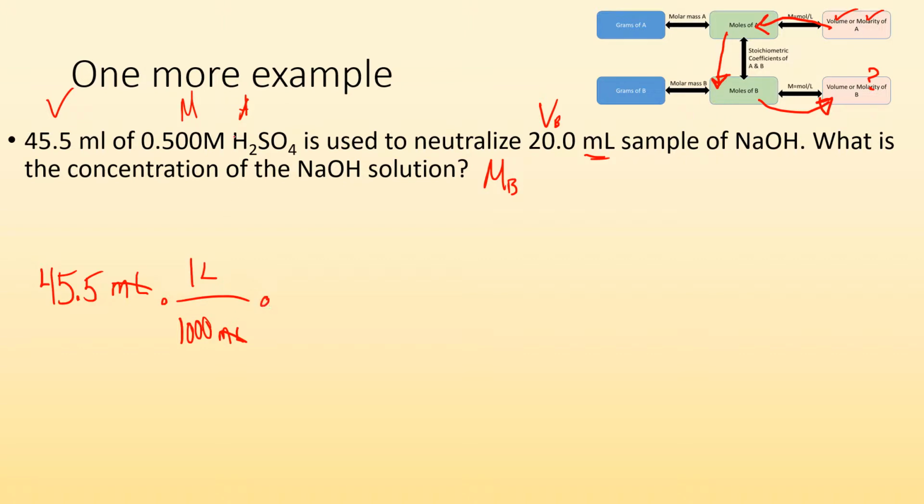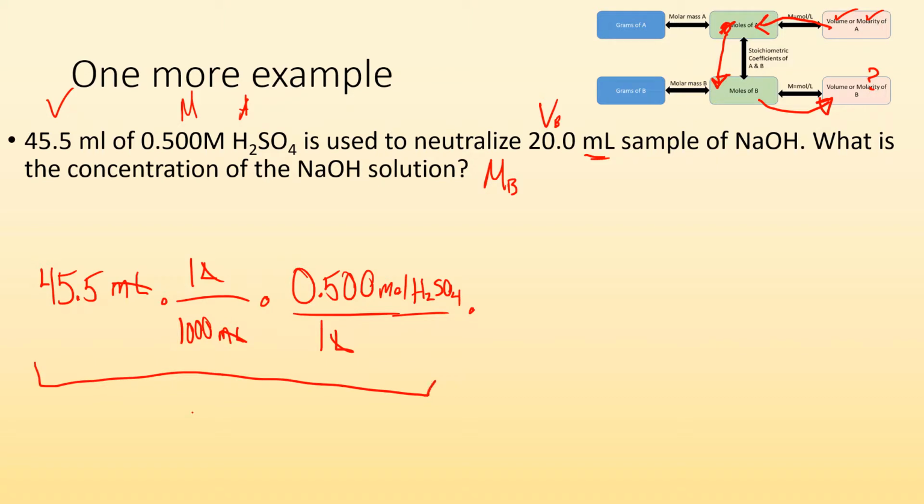So now I can times it by my molarity of my acid, which is 0.500 moles per liter. Liters cancel out. Now I'm left with moles of H2SO4. So that is right here. That's where I've gotten. This whole part is the moles of my acid.